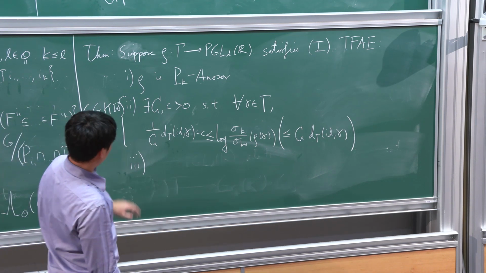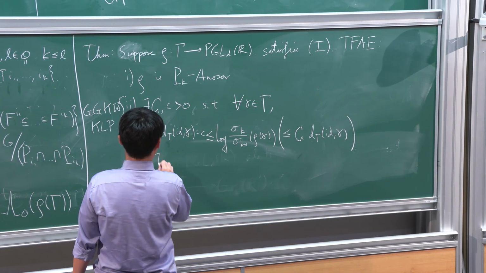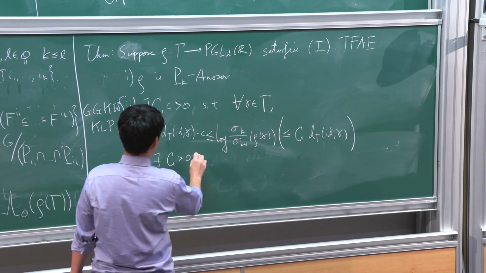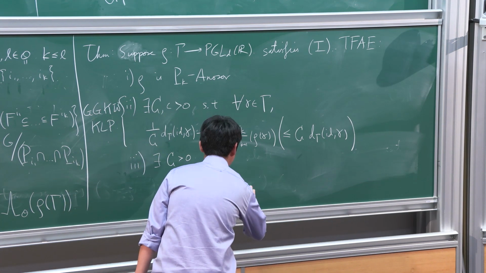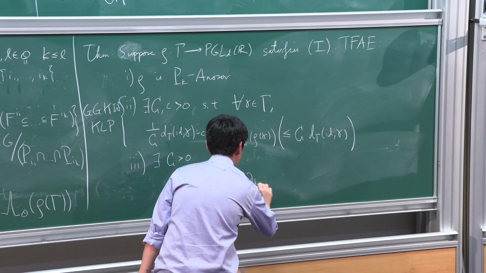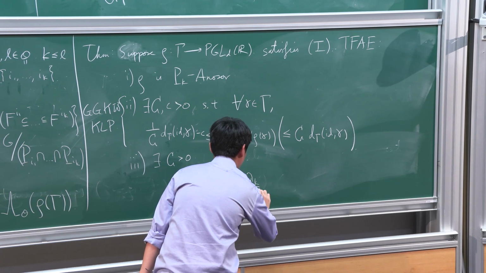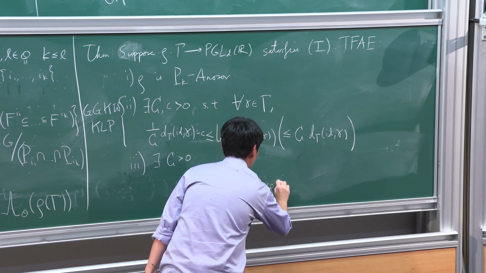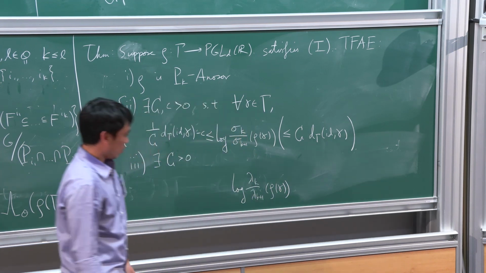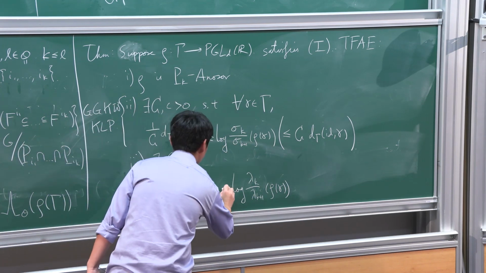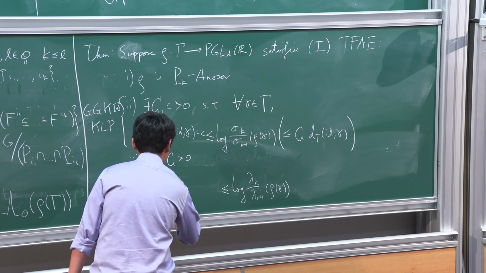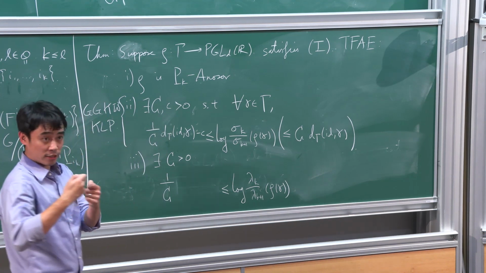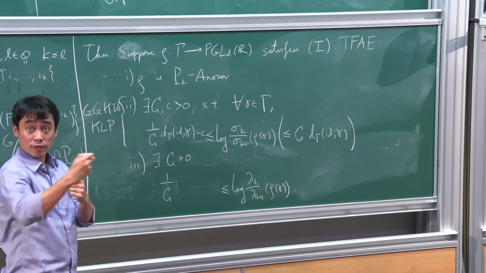Then there's also the third part. There exists some constant c larger than 0, such that if you look at the logarithm of the ratio of the kth to k plus 1 eigenvalues of rho of gamma, this is bounded below by 1 over c times the minimum translation distance of gamma inside of its Cayley graph.